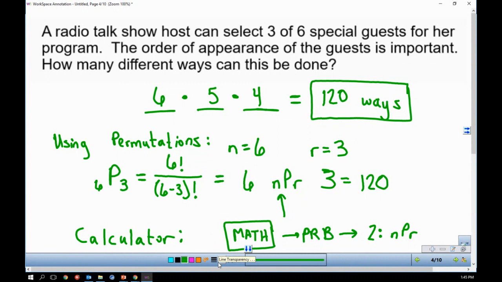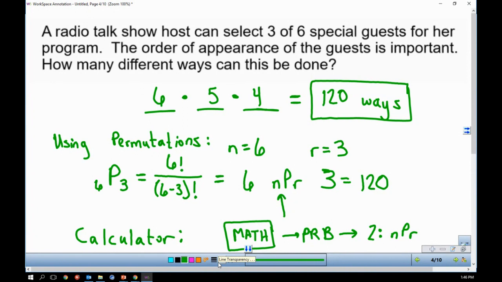Questions on this example, or on how to do it in the calculator? You do have a question on how to do it in the calculator? It's not working? Okay, let's take a look. So first we'll want to take our 6. And then do our steps to get the nPr.